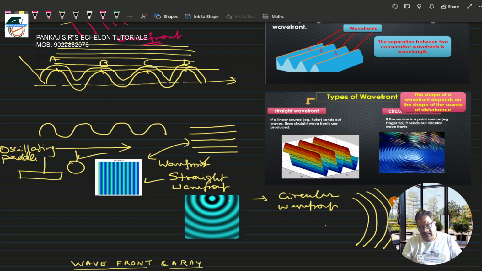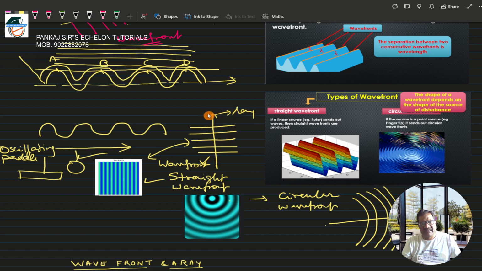And one more thing, a line which is perpendicular to all these wavefronts, cutting all of them at 90 degrees, is known as a ray of light. This is a ray of light. Here also the ray of light will be something like this.